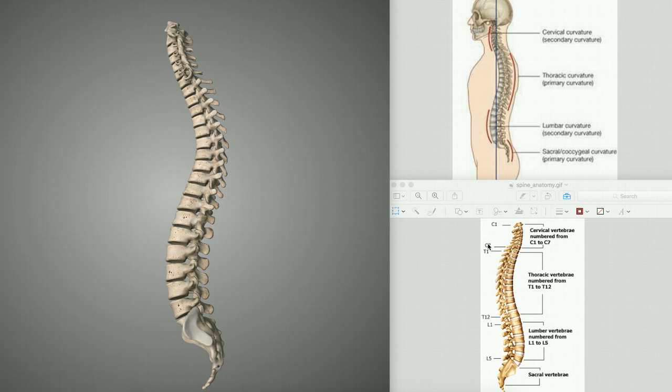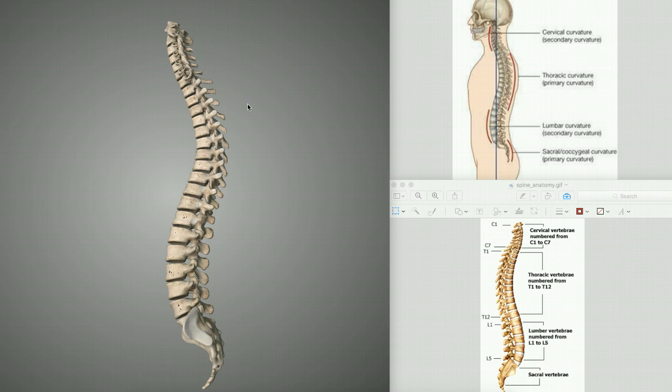On the right here you can see that the vertebral column is split into 4 sections. The first section goes from C1 to C7, which can be somewhere up to here. On this diagram you can see C1 to C7, and that's known as the cervical vertebrae.